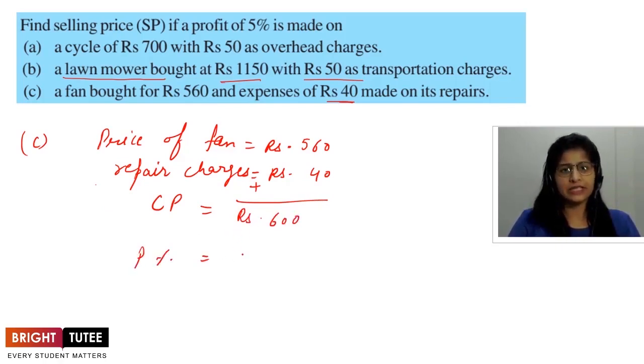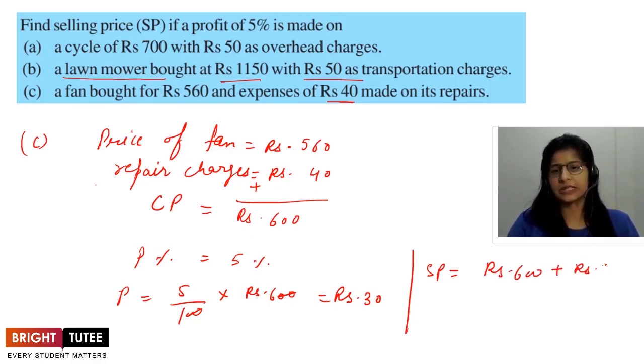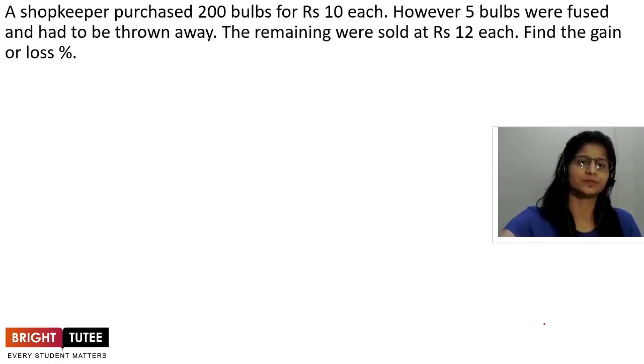Now we know profit percent, that is 5%. So how to find out profit? 5% of rupees 600. Cancelling the zeros, that means there is a profit of rupees 30. So what will be the selling price? Cost price, that is rupees 600, plus the profit, that is rupees 30. So we get it as rupees 630. Clear? So this is how we calculate our selling price. Got it? Let's do one more question.